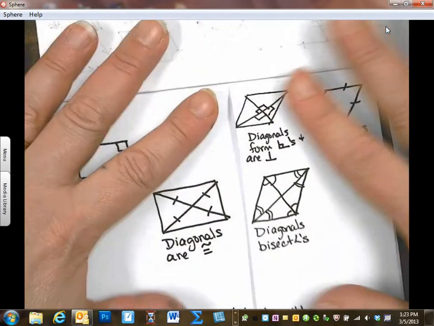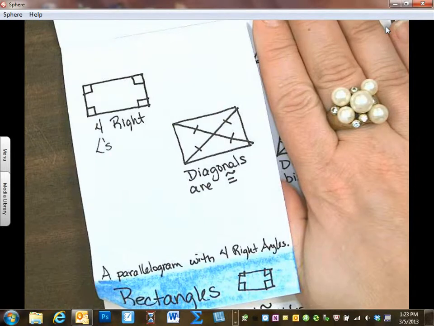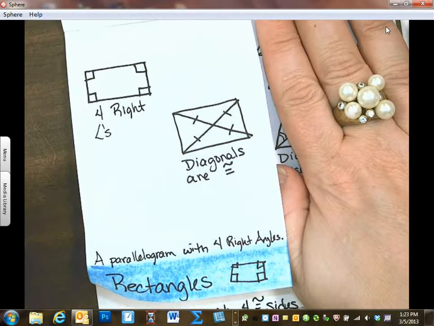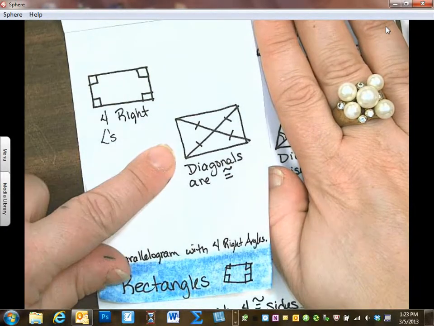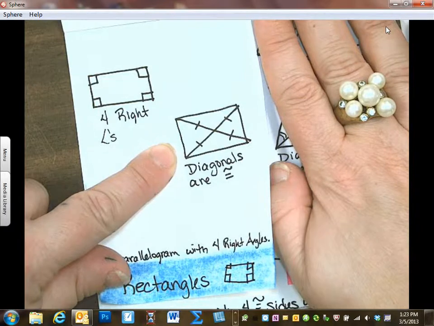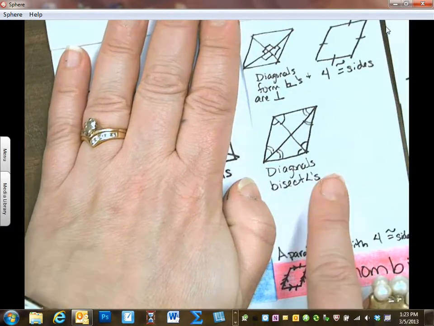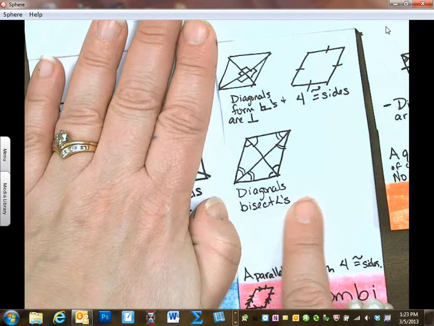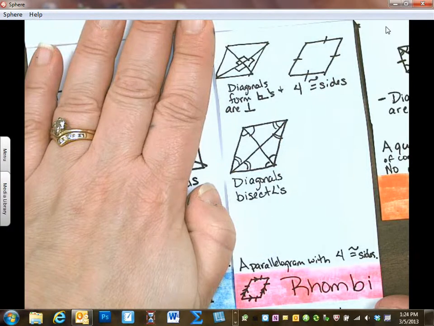Okay, the next two, we had rectangles, so let's focus on that one first. We know a rectangle has four right angles and that the diagonals are congruent. Okay, now let's focus on our rhombus side. Remember, if you need to look at these longer, you can go back and freeze it or pause the video.